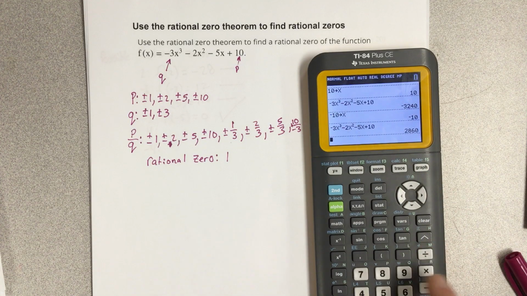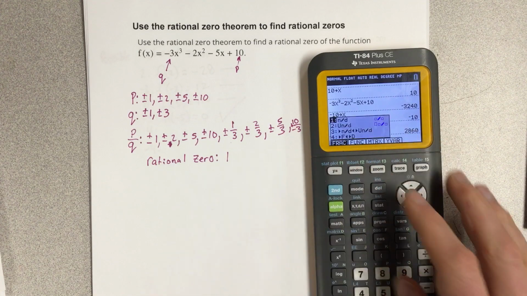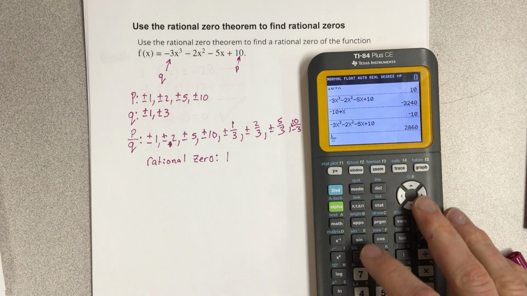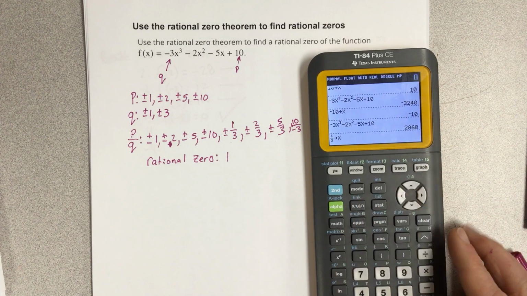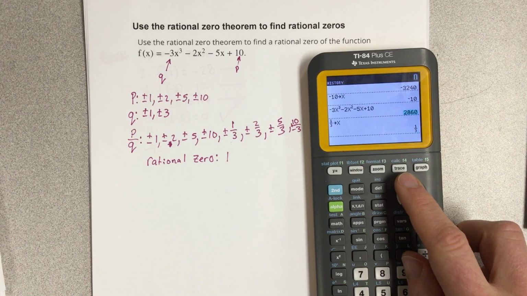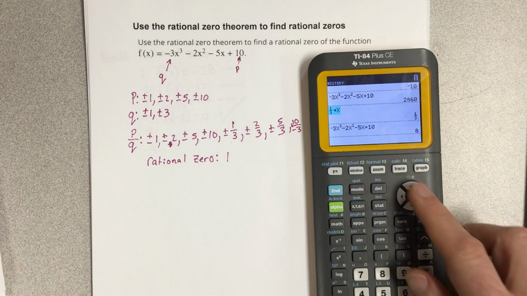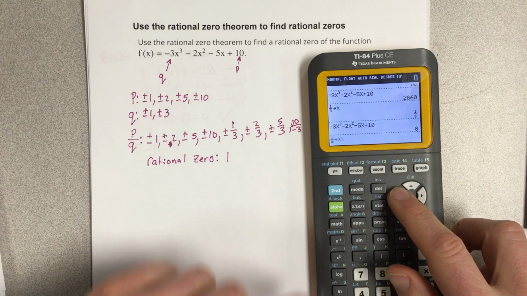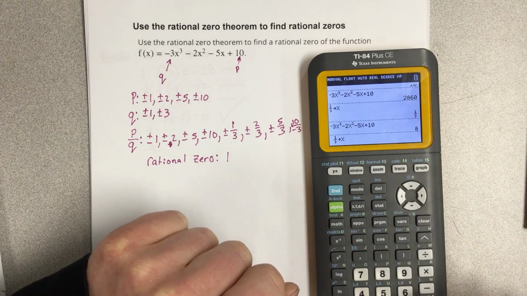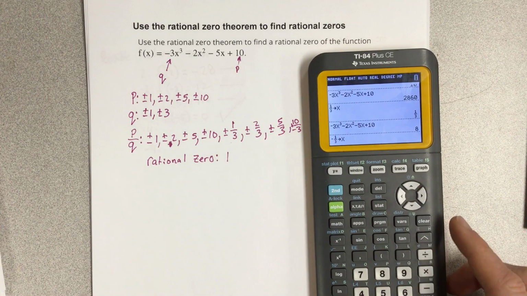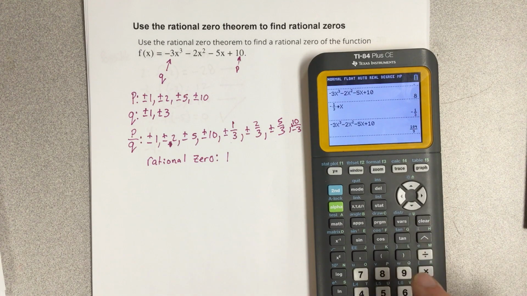And then we'll do 1/3. We're going to store that as x. And then we're going to grab that piece and we'll make that negative 1/3. And then we'll go 2/3.